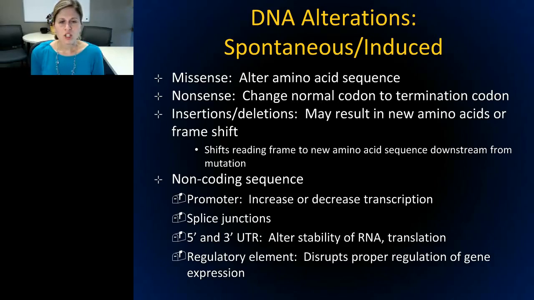A nonsense mutation is one where a single base change can change a normal codon to a termination codon. Or it may be that there are a series of base changes that changes a normal codon to a termination codon. If this occurs very early on in the protein sequence, then the stop codon occurs early on in the DNA sequence, is what I should have said.